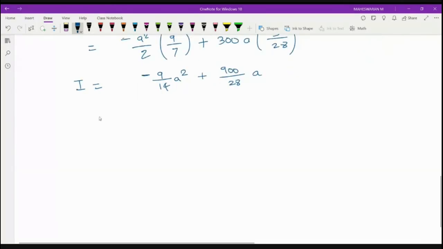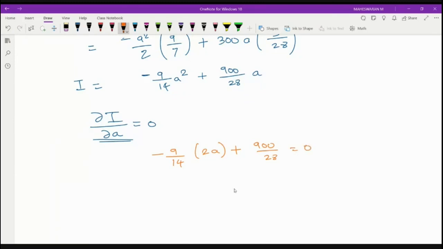According to Ritz method, we can do dou I by dou a and equate it to 0. In that case, what I'll get? I'll get minus 9 by 14 into 2a plus 900 by 28 is equal to 0. So what is the value of a? You are getting a as 25. So a is equal to 25.